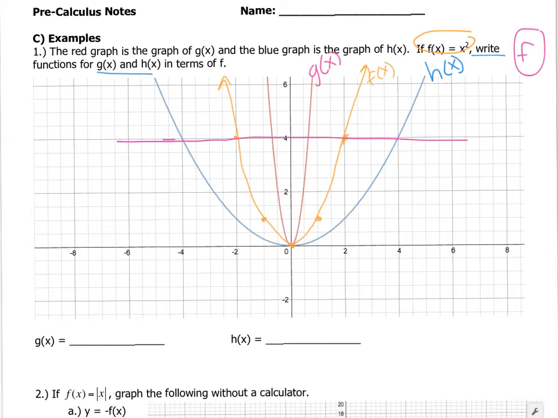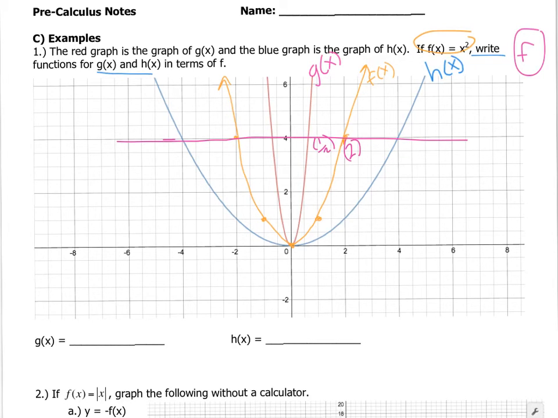In our original function f of x, this x value is 2. So when we go to g of x, now at that y value, what is the x value? We do have to approximate a little bit. Let's say that that's 1/2.